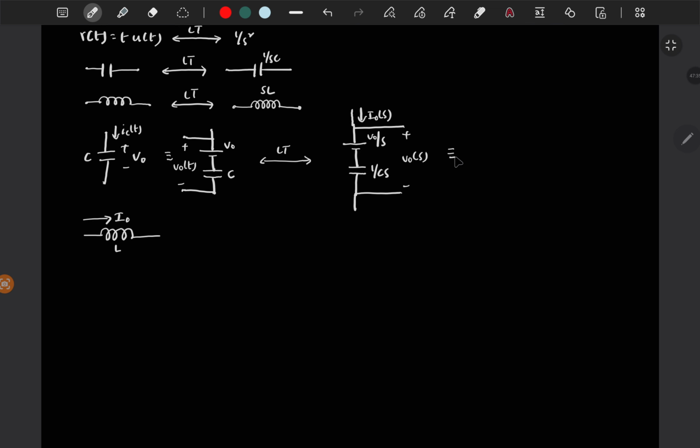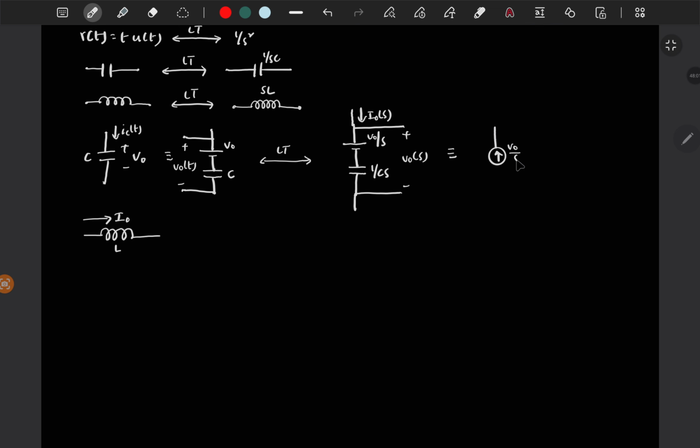You can also represent it like this: if a voltage source is in series with an impedance, it can be represented by a current source in parallel with the same impedance, and the current source value is this voltage divided by this impedance value. So this is the voltage source to current source transformation technique.